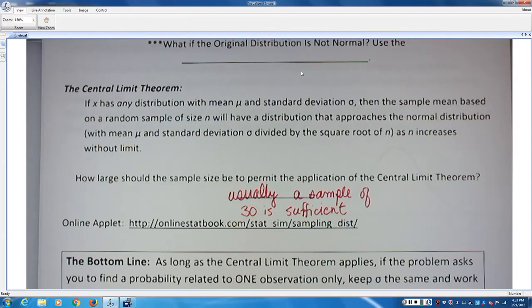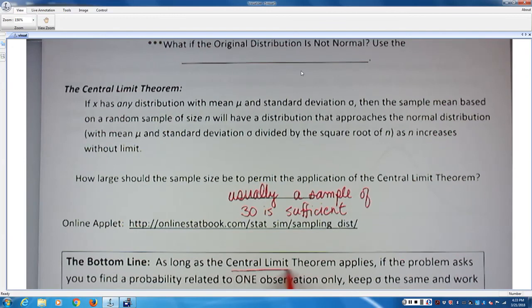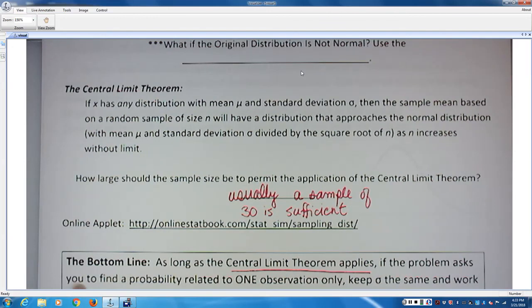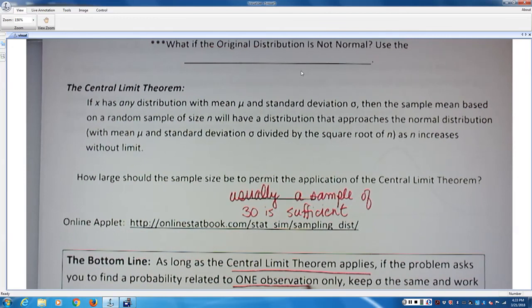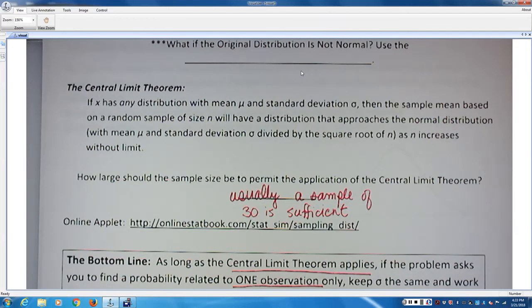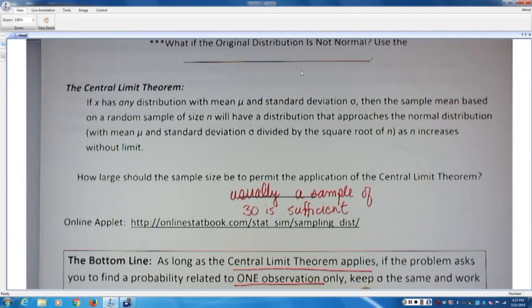So the bottom line is that as long as the central limit theorem applies and the problem asks you to find probability related to one observation only, like that one trip, keep sigma the same and work the problem exactly like you've been working.